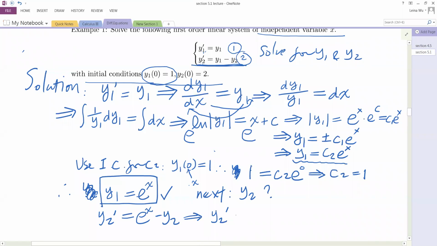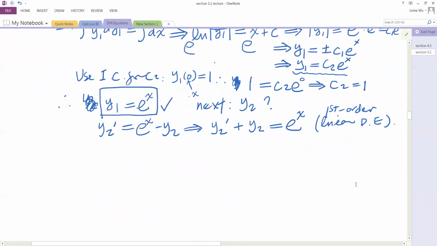So it's y2 prime plus y2 equals e to the x, once we substitute the y1 in. Yeah, this is the first order linear differential equation where you need to recognize the P and the Q.